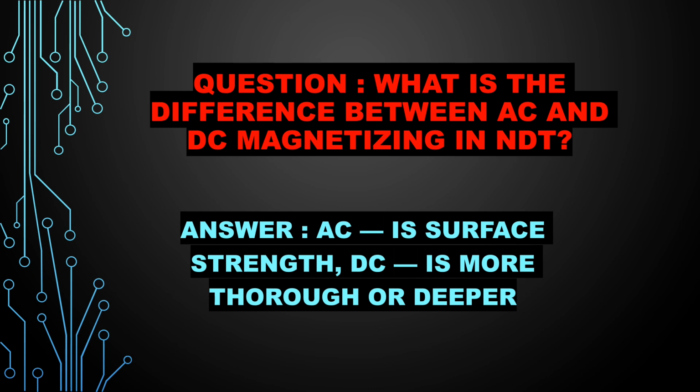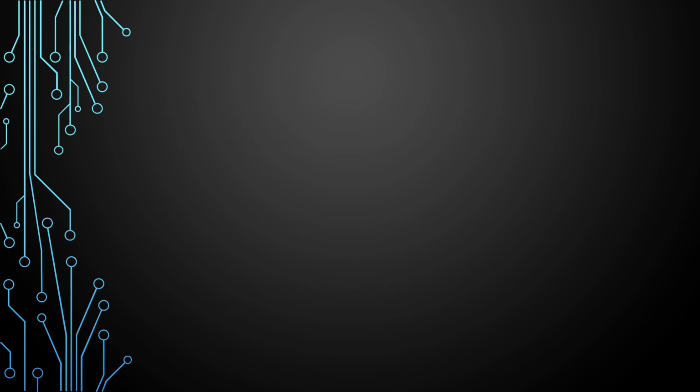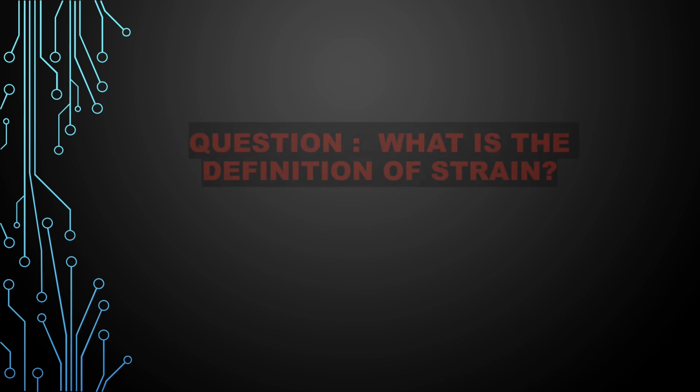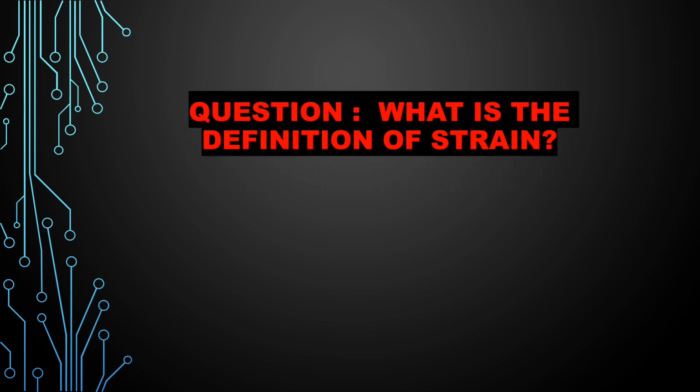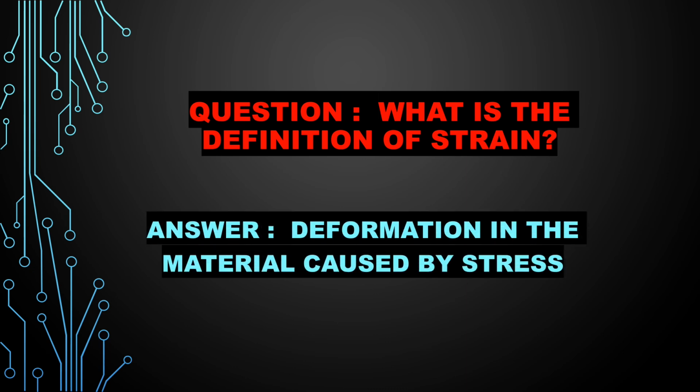Answer. AC is surface strength, DC is more thorough or deeper. Question. What is the definition of strain? Answer. Deformation in the material caused by stress.